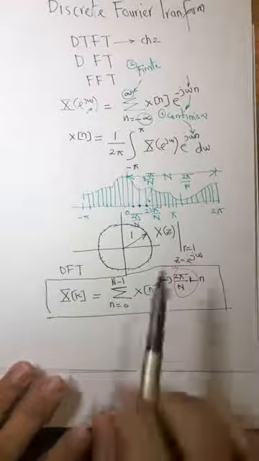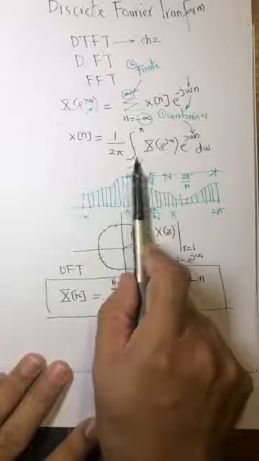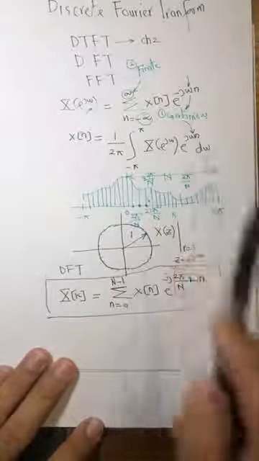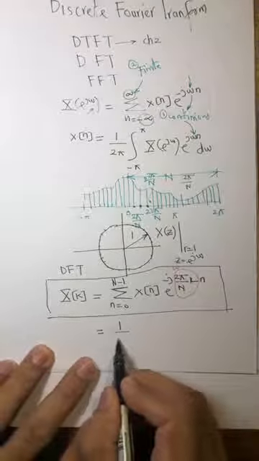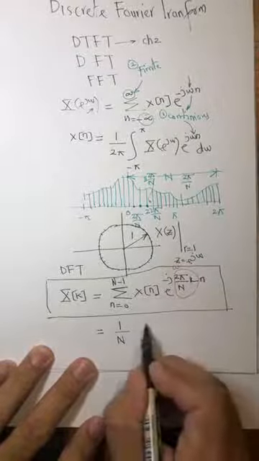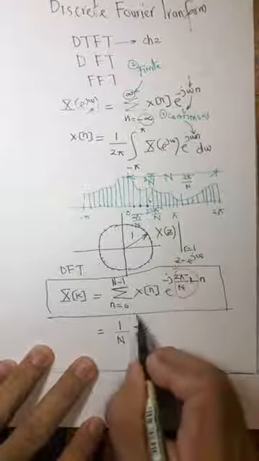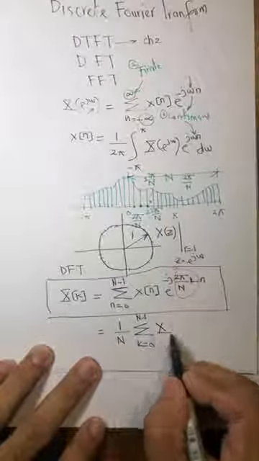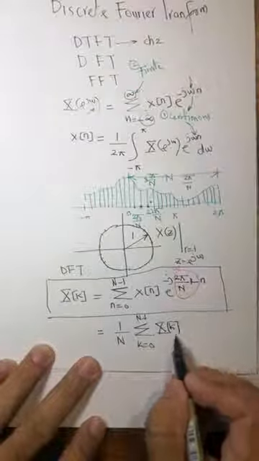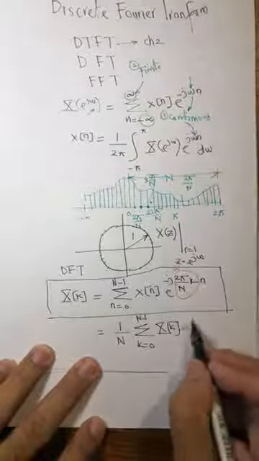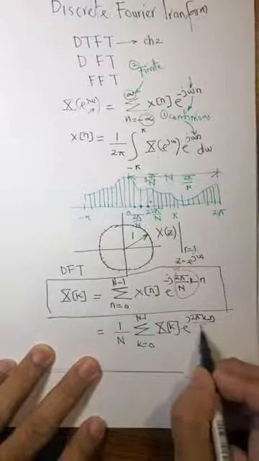Because omega is now discrete, the integration changes into a summation. And so the formula for the inverse, with 2 pi divided into n parts, will look like this. k goes from 0 to n minus 1. Instead of x of exponential j omega, you put x of k, and you put exponential j 2 pi k n over n.